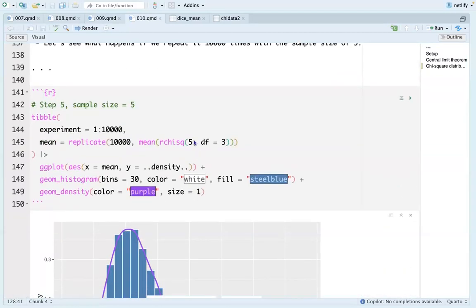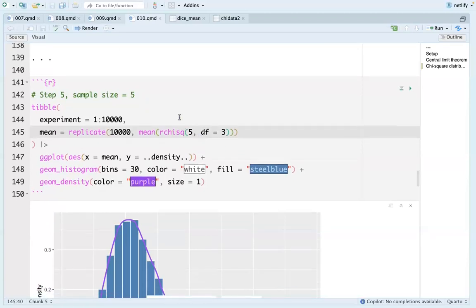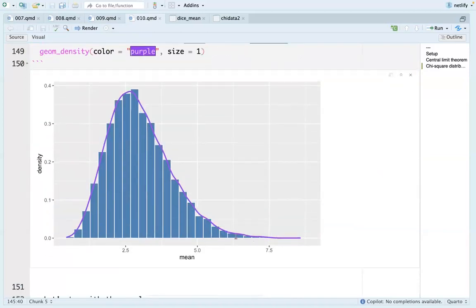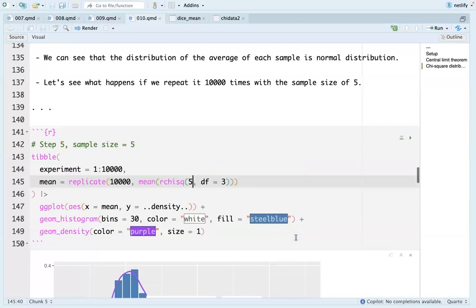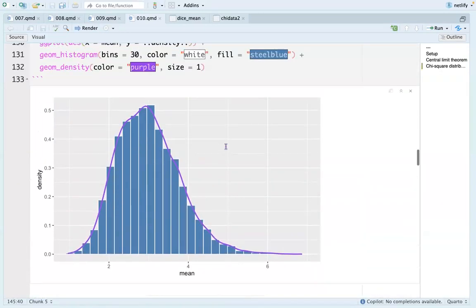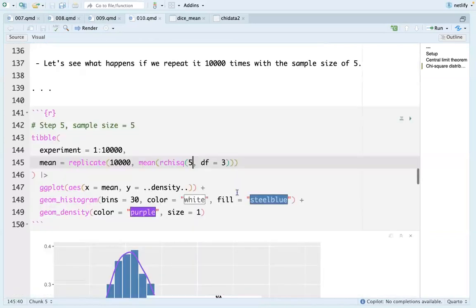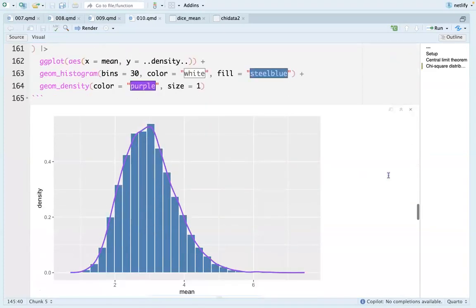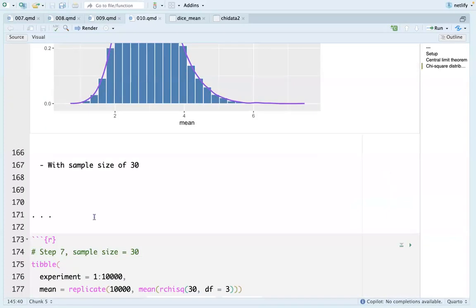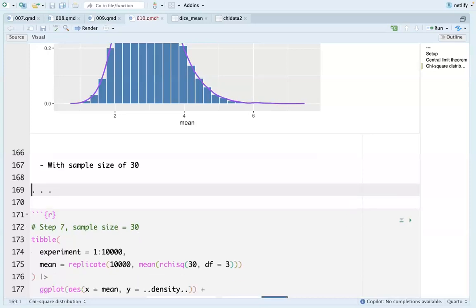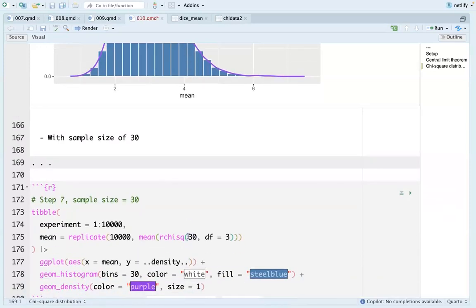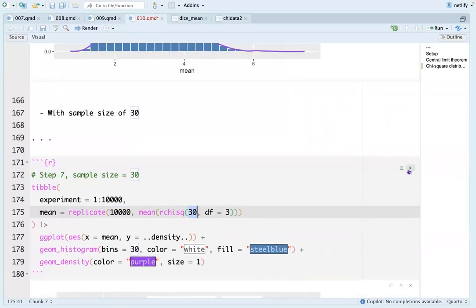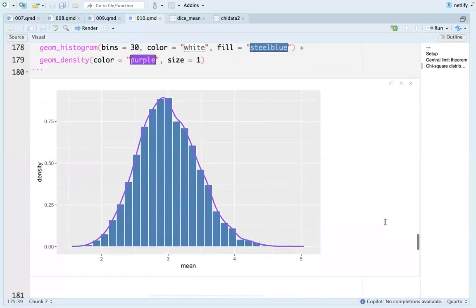Okay, how about we reduce the sample size to 5? That's an even longer right tail than the sample size of 10. Okay, here we have tried 10. And how about we change the sample size to 30, and also make 10,000 experiments.